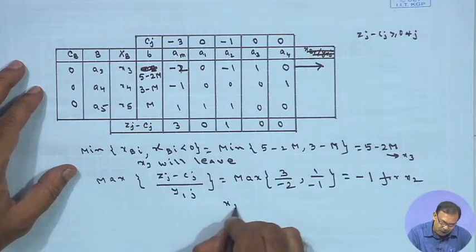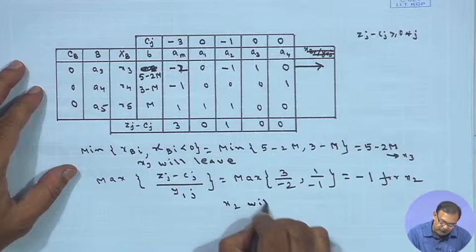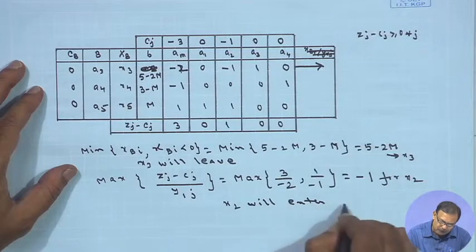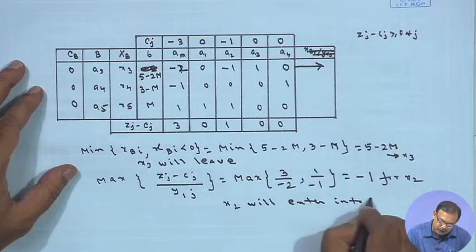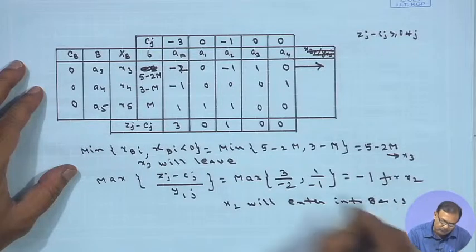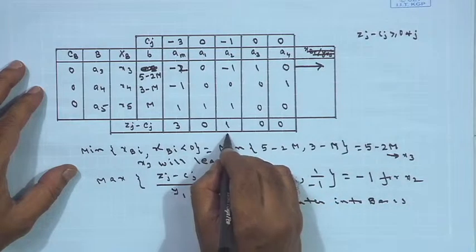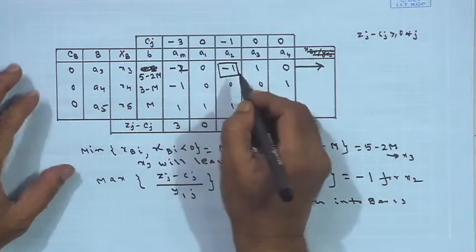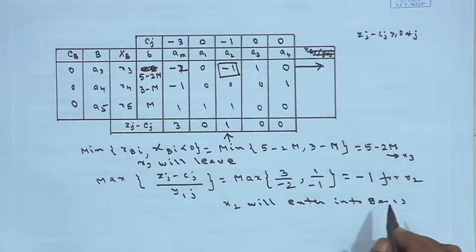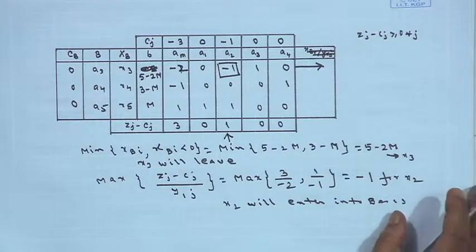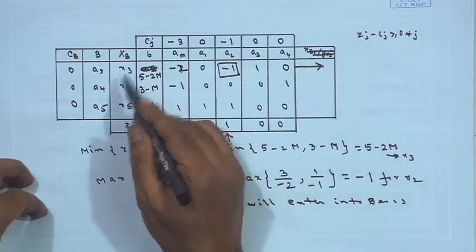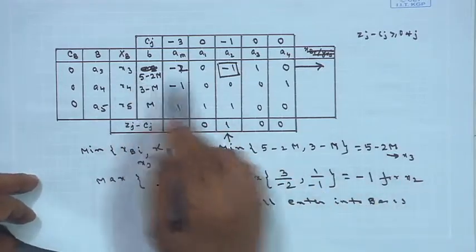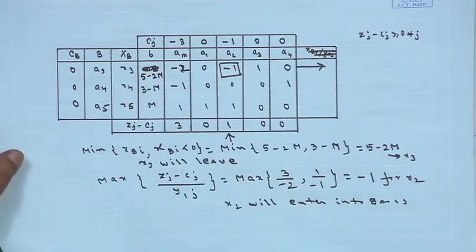Therefore, your x2 will enter into the basis. So, x2 will enter, and this will be the pivot element. Now, I hope it is clear to you how to calculate what will be the entering variable and what will be the departing variable. So, from this table now x3 will depart and x2 will enter.